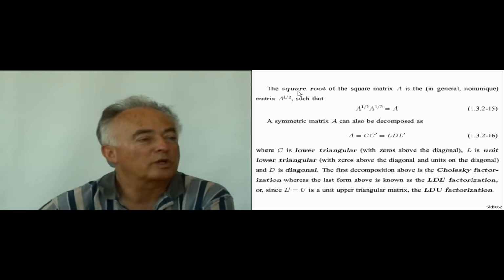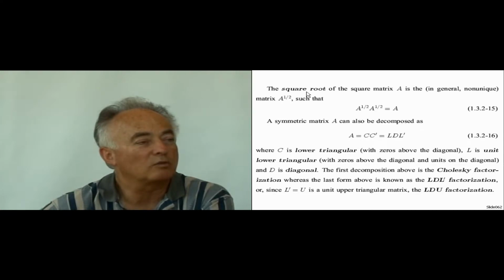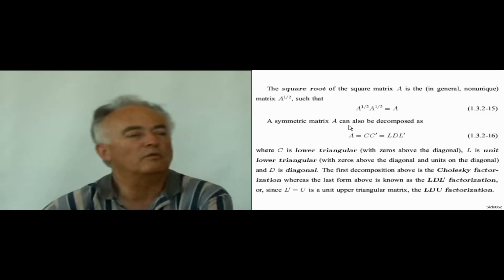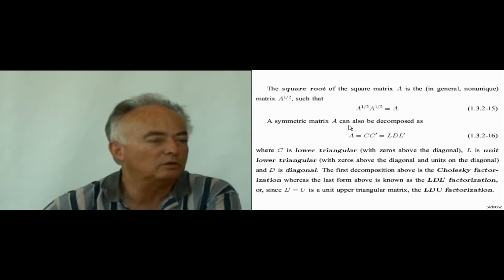If you take a square matrix and consider the idea of a square root of such a matrix, it turns out it will be a non-unique matrix such that the square root of A times itself is A. But typically that's not the way it's convenient to consider a square root.